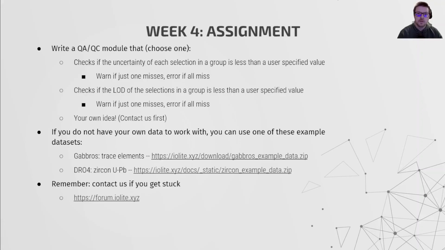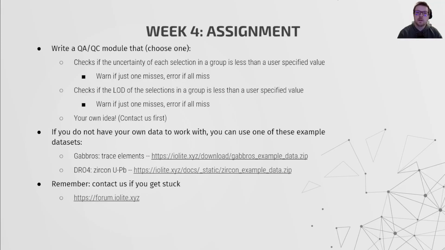The last thing to discuss is this week's assignment. In case you hadn't already guessed, the assignment is to write your first QA/QC module, and I have a couple ideas listed here. The first is to write a module that checks if the uncertainty of each selection in a group is less than a user-specified value, and warns if just one is missed, and errors if all miss.